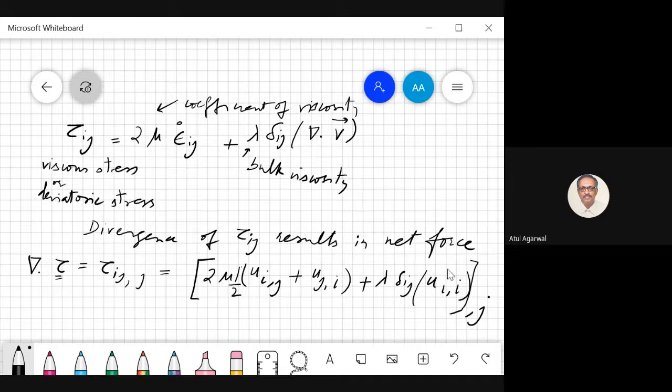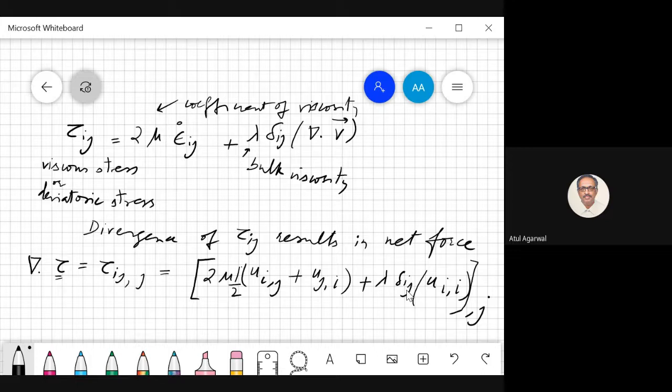This is a scalar quantity, while delta ij is there to take care of this ij. When you have normal stresses like tau xx, only then this term is non-zero. If you have tau xy, then this term goes to zero because i and j are different.